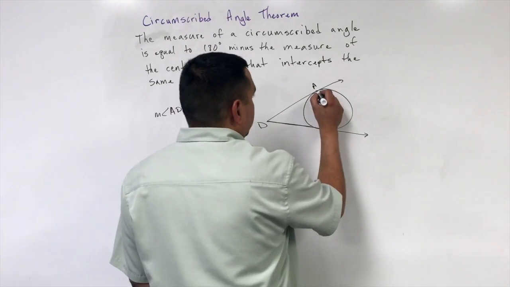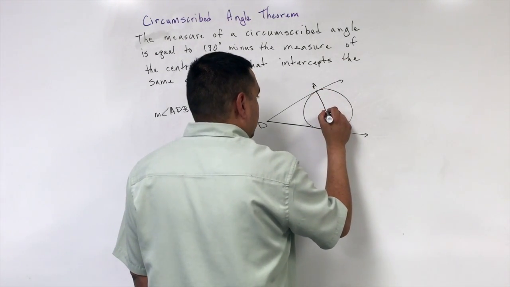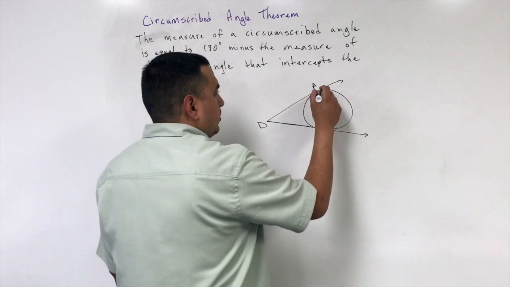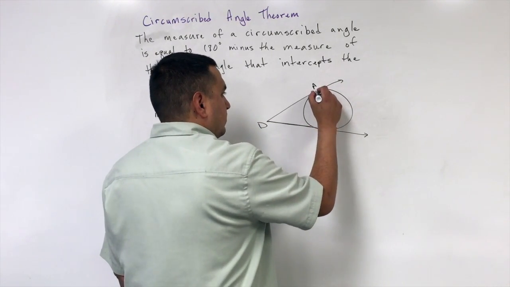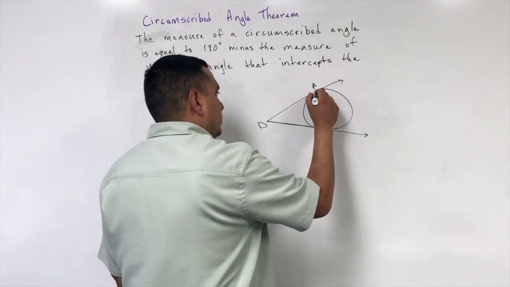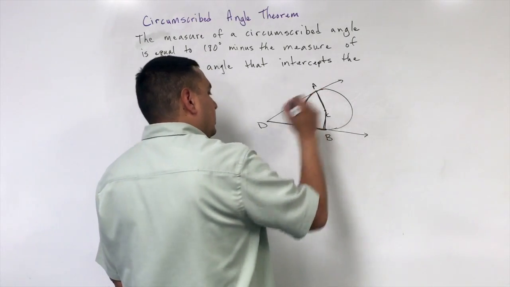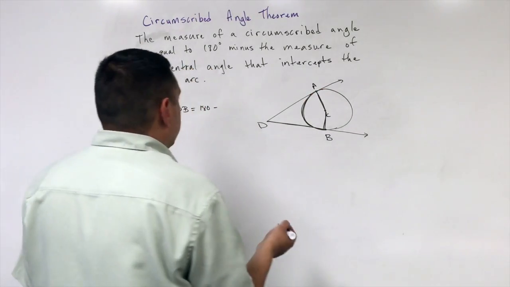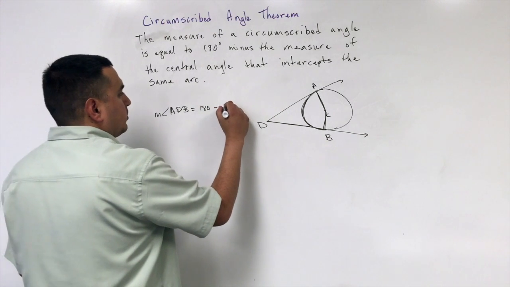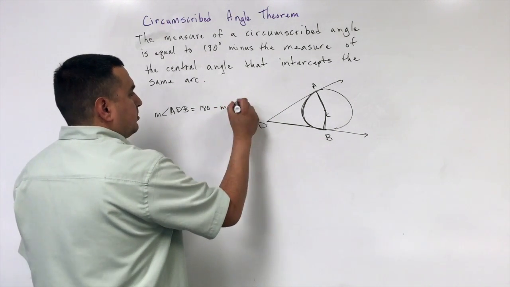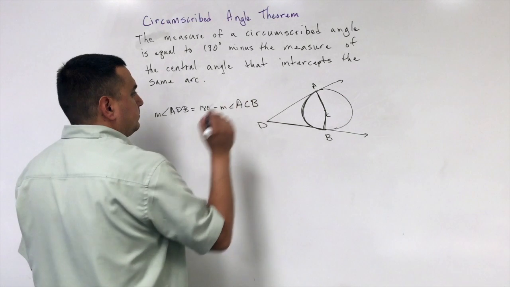And the central angle here, if I draw it, would be A to C to B. So this central angle ACB shares this intercepted arc here. The theorem says that I would take 180 minus the measure of angle ACB.